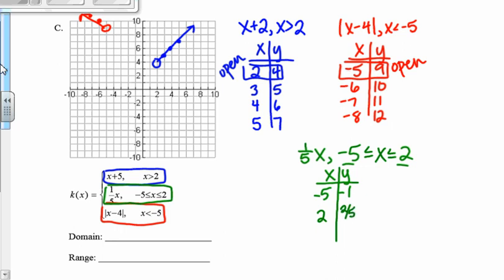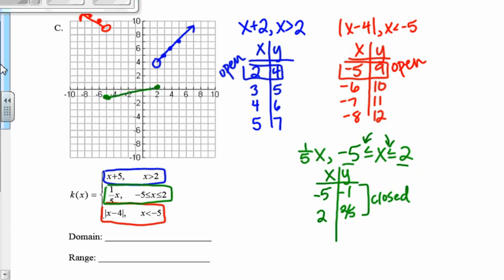Now before I plot these points, I have to think about if these points are going to be open or closed. So look at both of these inequalities. Both of them are equal to, so both of these are going to be closed points or normal points. So we have -5, -1, and we have 2/5, and we're just going to do the best we can to plot that, and we're going to connect them.